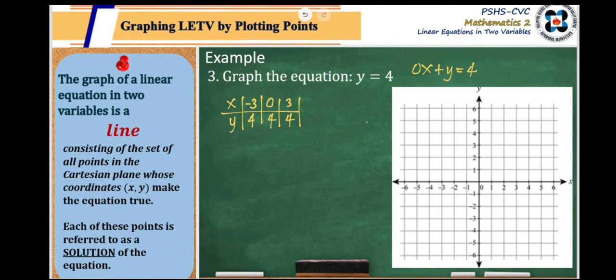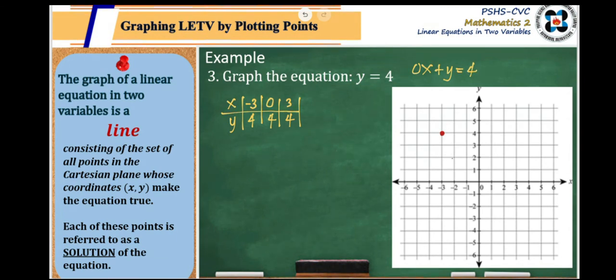This set of points is enough for us to graph the line y equals 4. Okay, so let's try to plot first the point negative 3, 4. So we locate negative 3, 4 on the Cartesian plane. So we have this point as the point negative 3, 4.